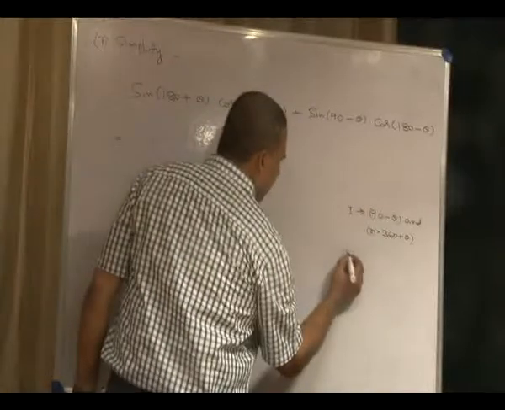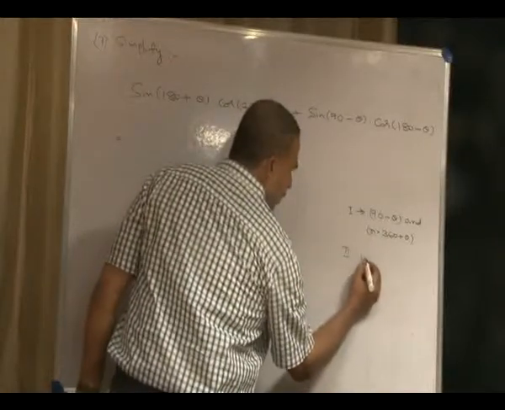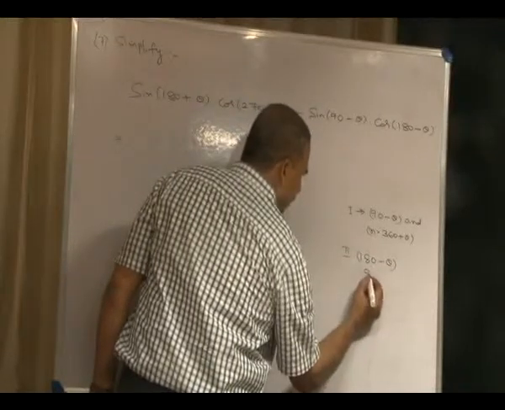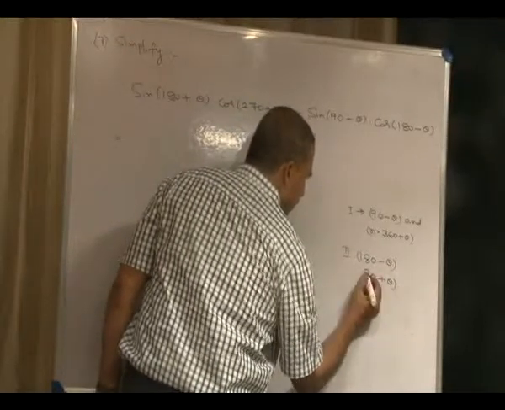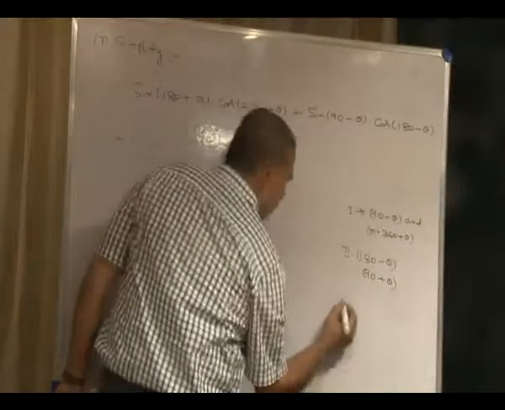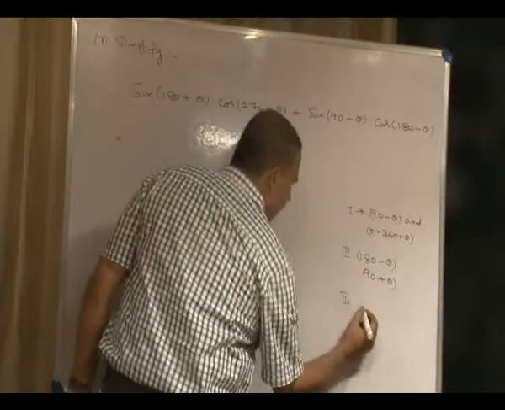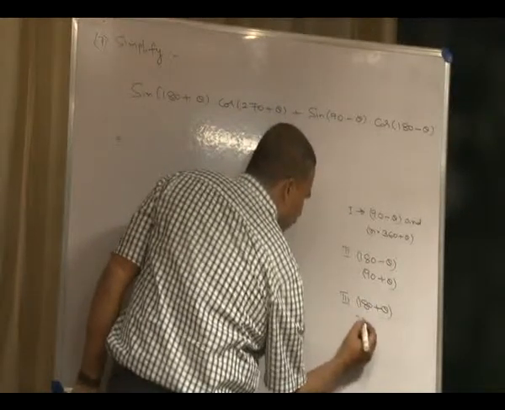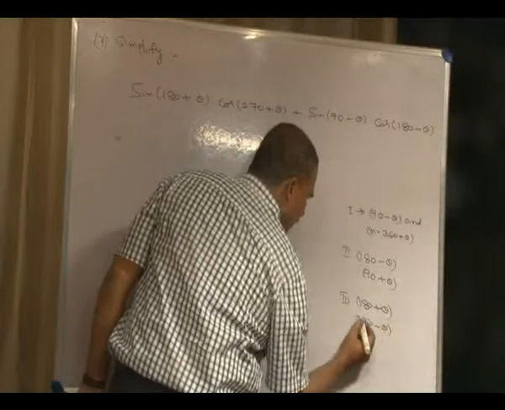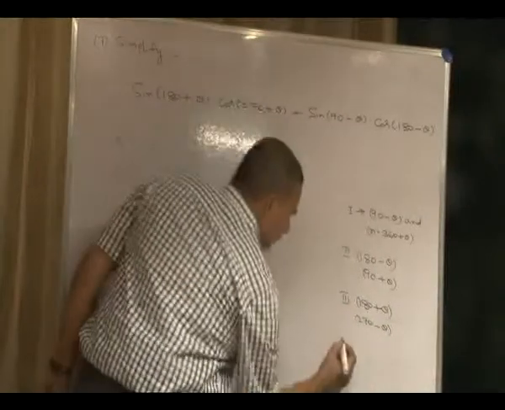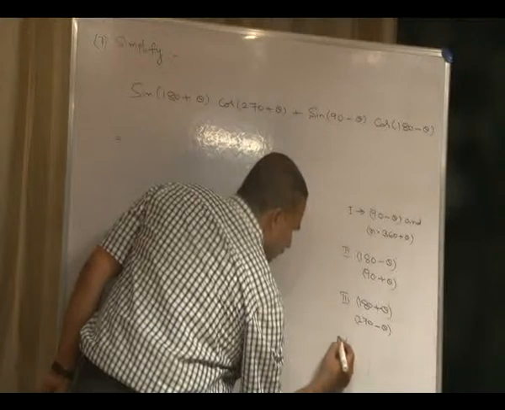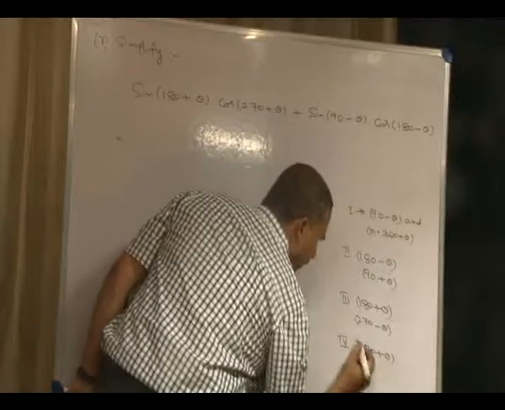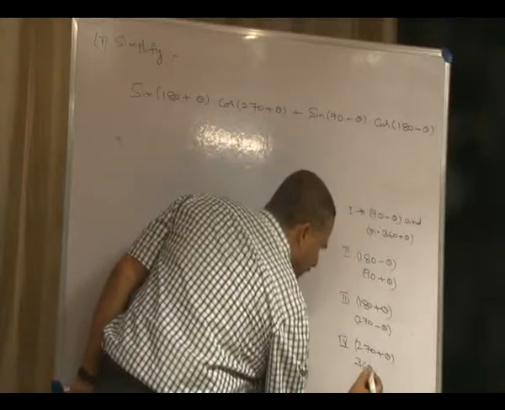The second quadrant angles are 180 minus theta and 90 plus theta. Third quadrant angles are 180 plus theta and 270 minus theta. The fourth quadrant angles are 270 plus theta and 360 minus theta.